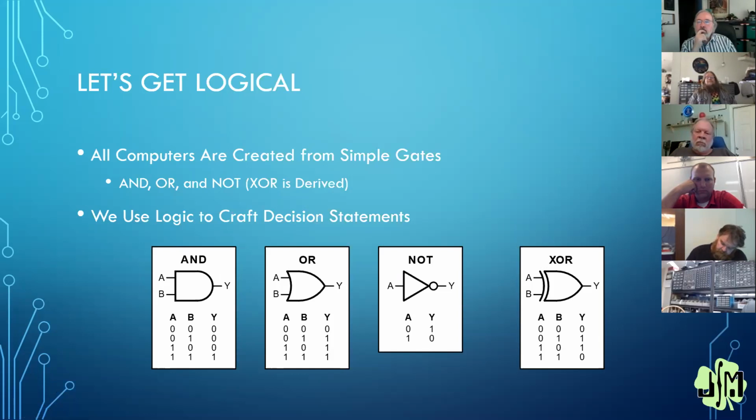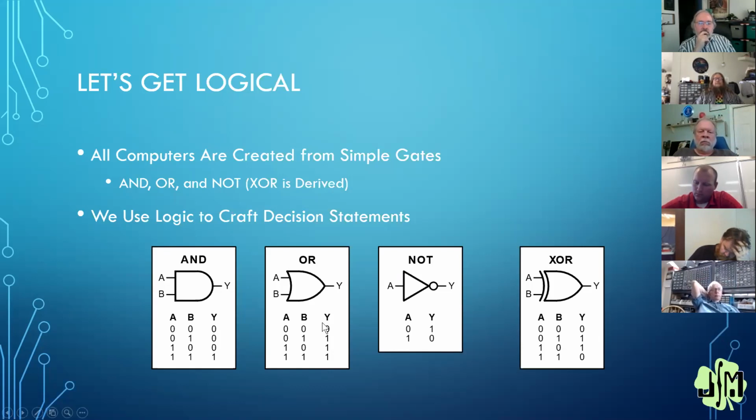We're going to say 0 means false and 1 means true, or off and on, etc. So if you look at an AND gate, in order for the output to be on, both of these inputs, or all of these inputs, need to be on. This truth table shows you that status. If A and B are both 0, Y is 0. If B and A are different, still off. If they're both 1, they're on. So again, it's this and this, but I always think of it as all. If all of the inputs are on, then the output is going to be on.